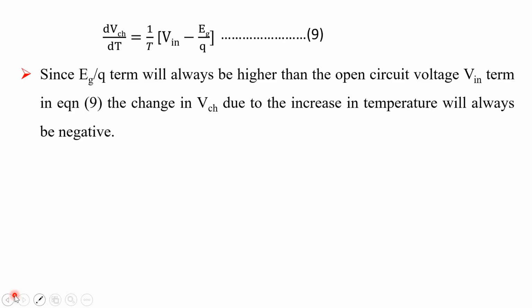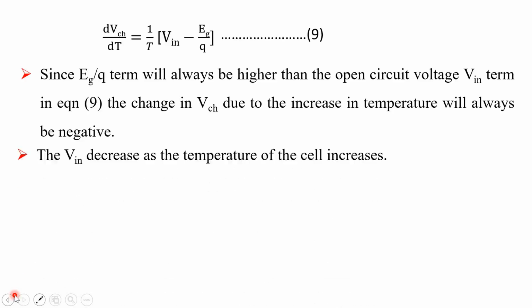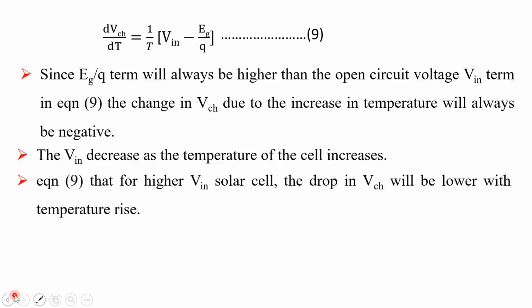V_OC decreases as the temperature of the cell increases, which means an inversely proportional relation. From equation number 9, for a higher V_OC solar cell, the drop in V_OC will be lower with temperature rise.